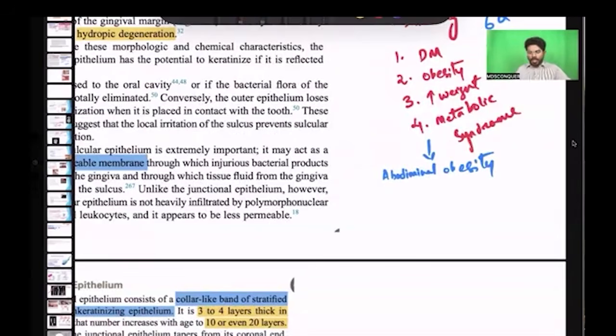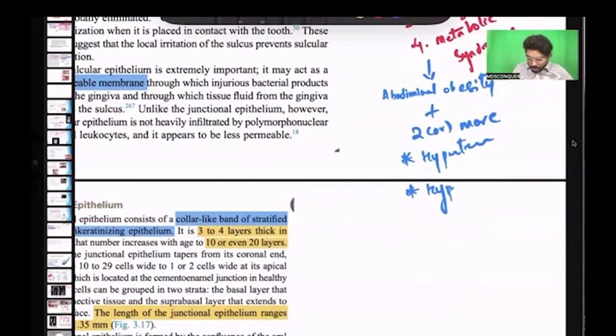A patient with abdominal obesity plus 2 or more of the following. What are they? One is hypertension. Second one is hyperglycemia.